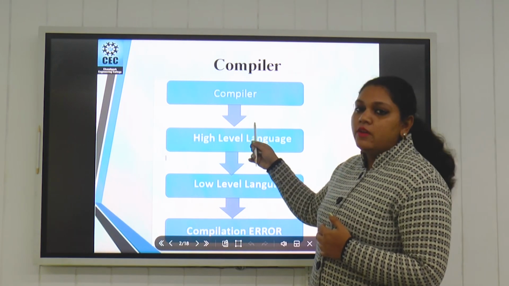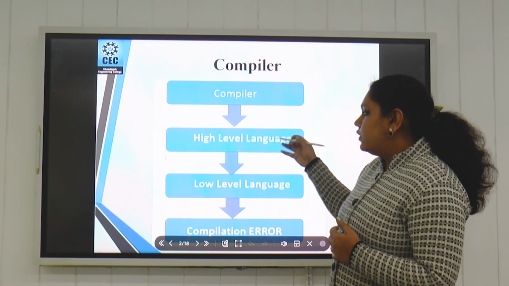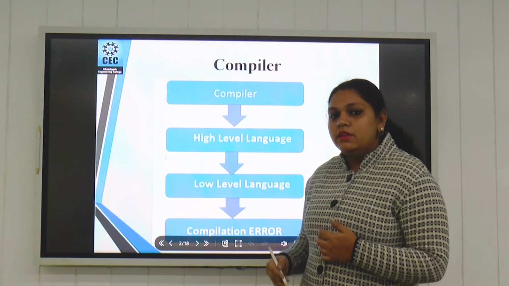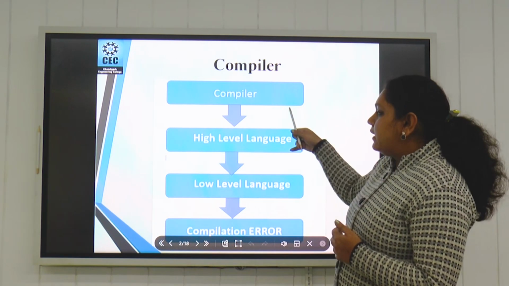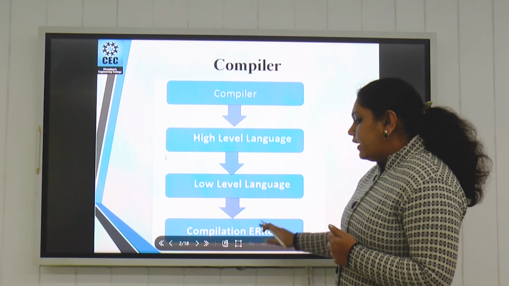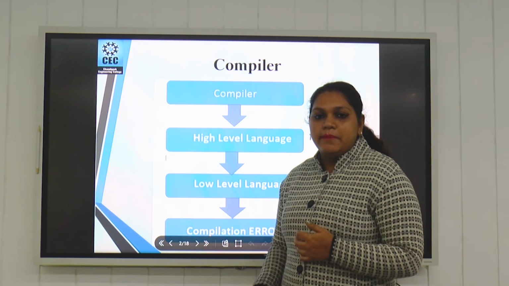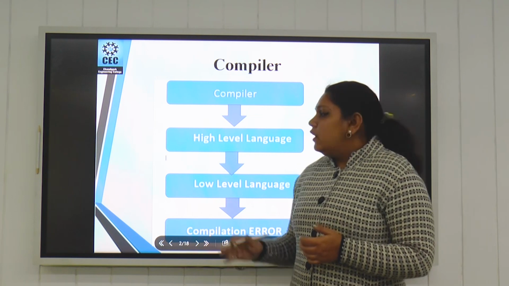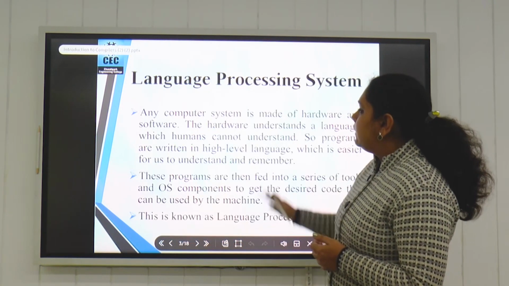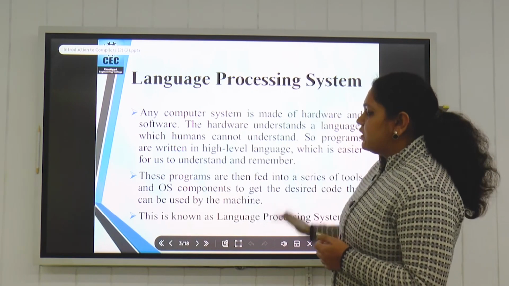So there is a need of some software which converts that high-level language into the language that is understood by the computer. So compiler converts high-level language into low-level language, and it reports if there is any compilation error or not. We will learn deeper about this with the help of the language processing system.